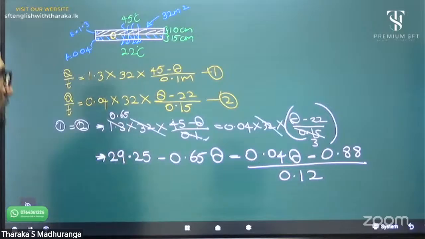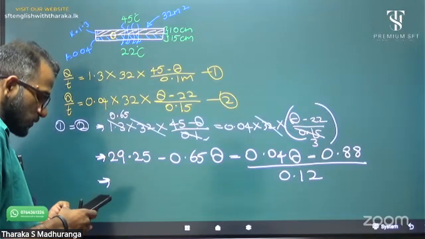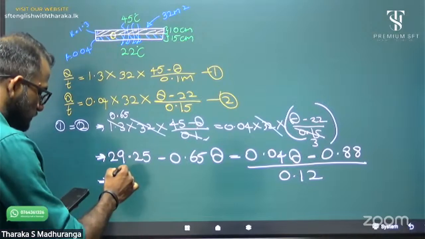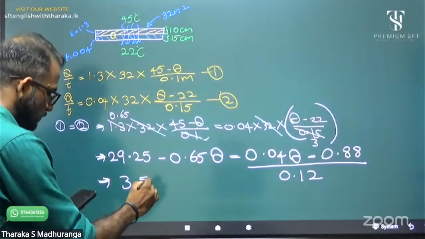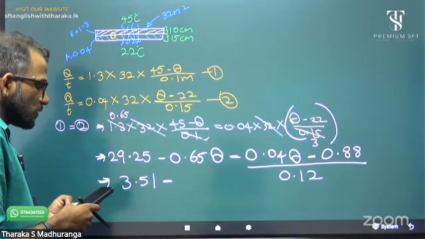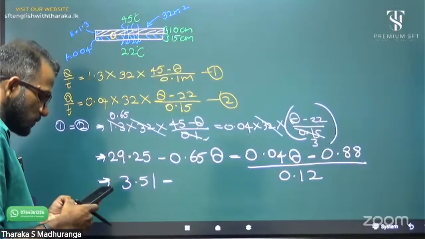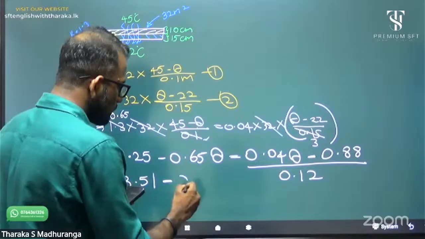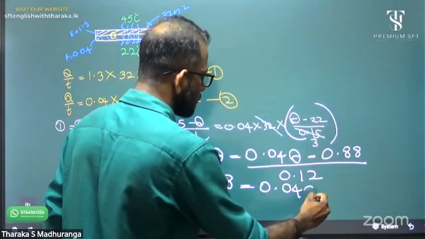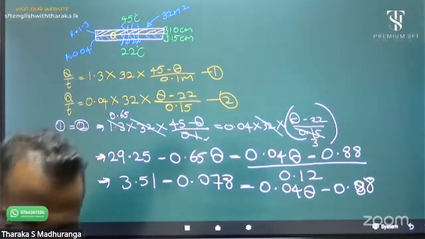Cross multiplication first, cross multiplication of both values. 29.25 multiplied by 0.12 is 3.51, minus, again multiply 0.65 multiplied by 0.12, 0.078 theta, equals the same thing, 0.04 theta minus 0.88. Now you can isolate it and get the theta value.